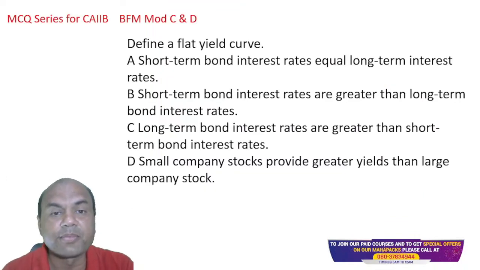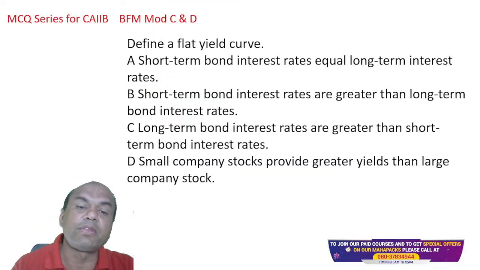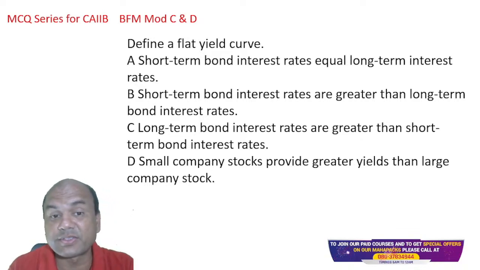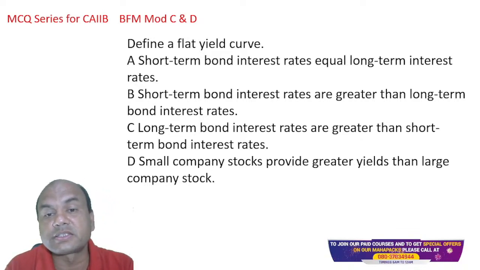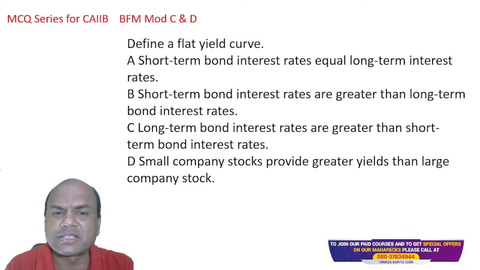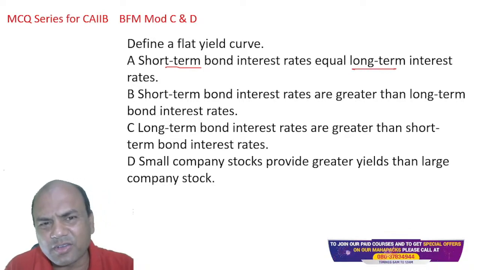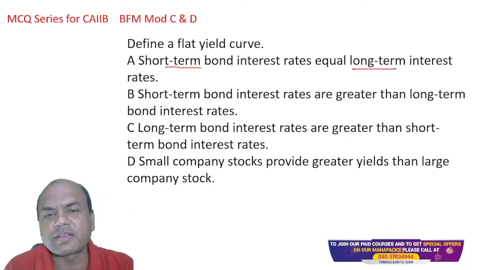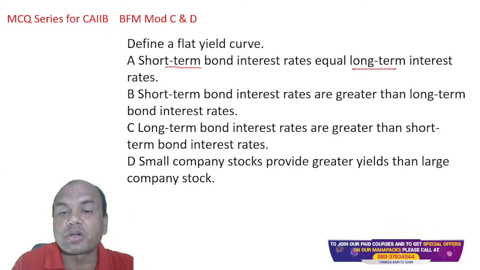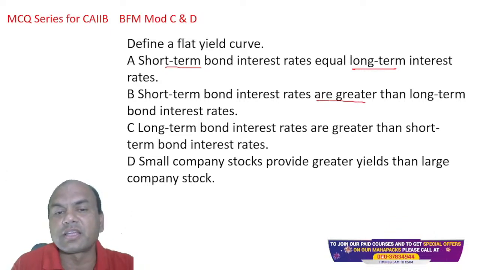Define the flat yield curve. Flat means, just now we saw that short-term bond rates are equal to long-term interest rates. So basically short-term rates equal long-term. I think that is the answer, or no? Let's see. Short-term interest rates are greater than the long-term. So can you plot these curves? Okay, let me plot these curves.